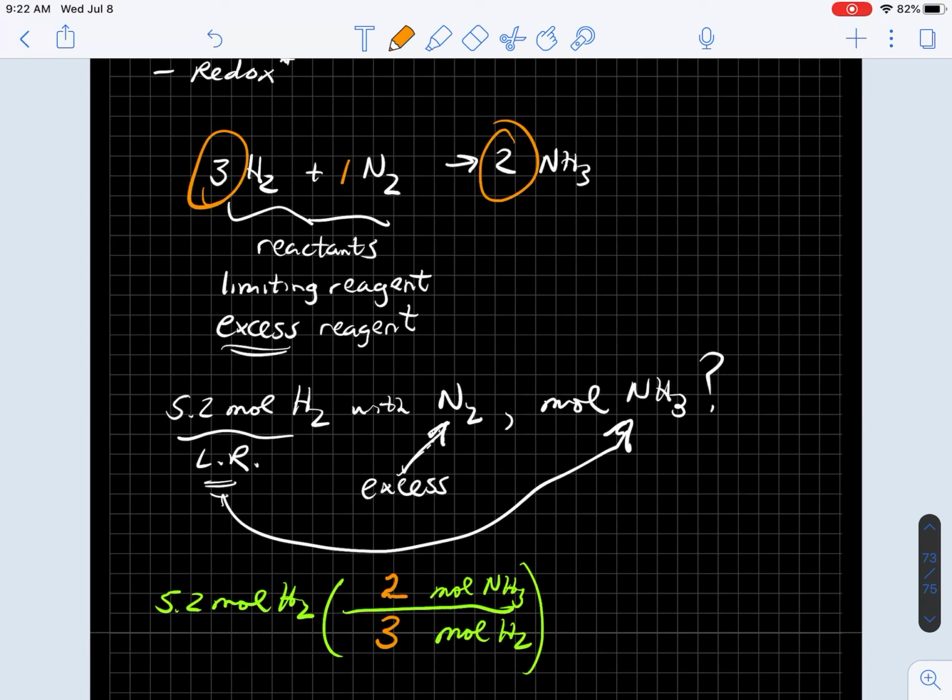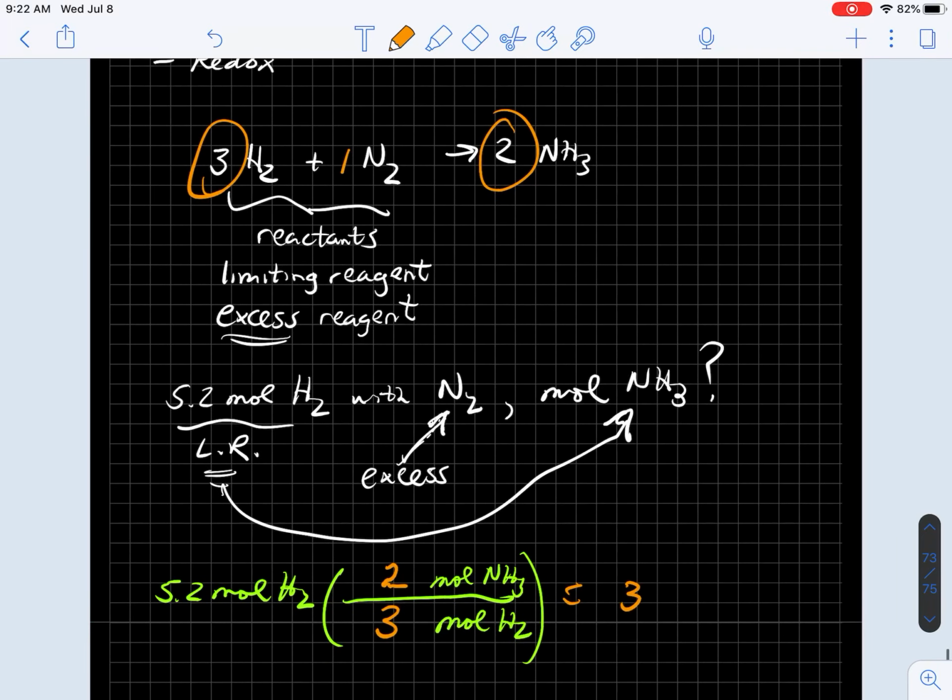So we can set up that fraction. 3 moles of hydrogen, as long as we have plenty of nitrogen in excess, will produce 2 moles of ammonia. So get out our handy dandy calculator, 5.2 times 2 divided by 3. I get 3.5 moles of ammonia. That's our product.